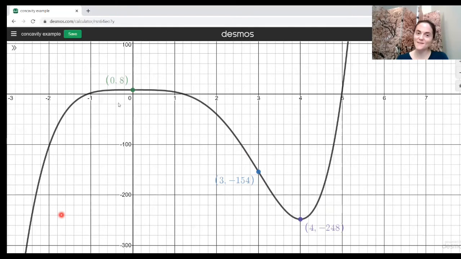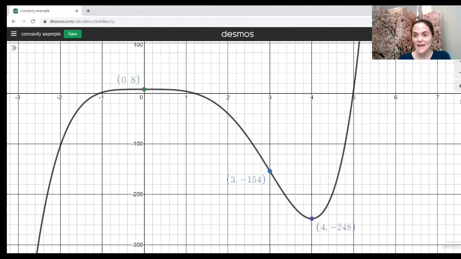And on this side of 0, we also see concave down, okay? So 0 was not an inflection point because the function h of t does not switch concavity there, even though the second derivative is 0 at t equals 0. This is the behavior that we calculated. It's really nice to connect it back to a graph.